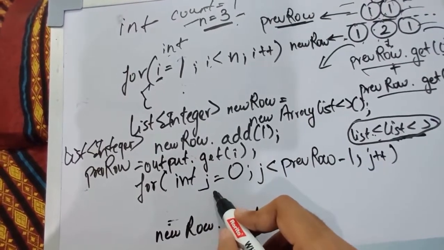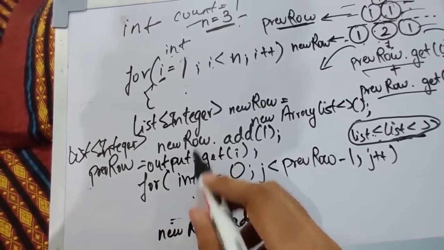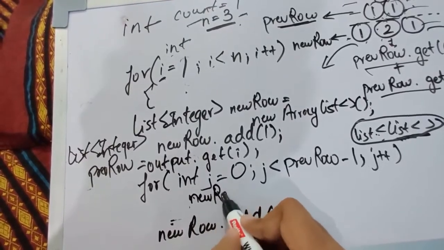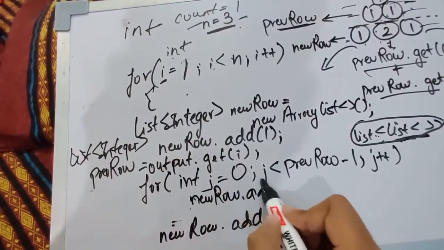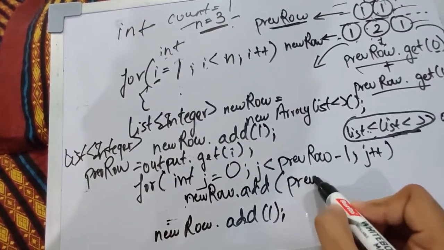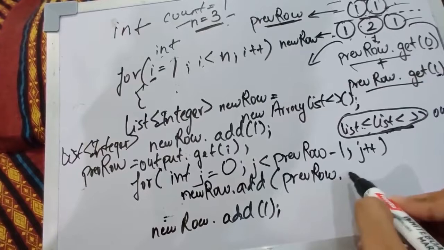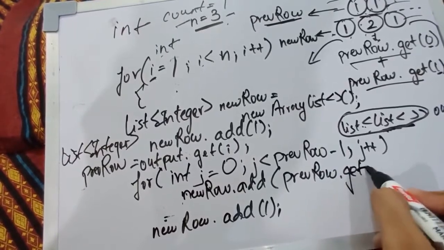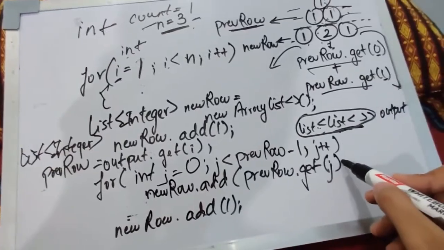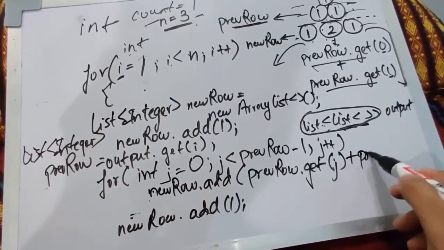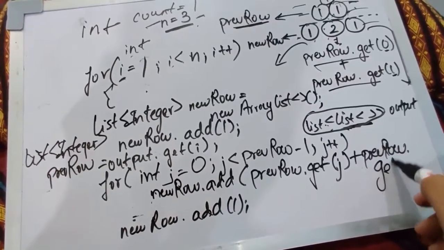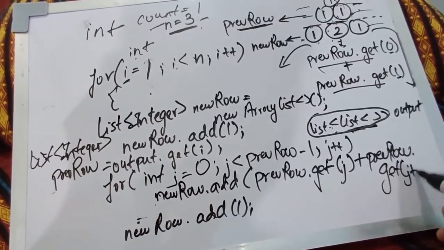Now what we need to do is, you just need to, in this one, new row, add a value which will be the sum of previous row dot get j, which is 0th index, plus previous row dot get j plus 1.